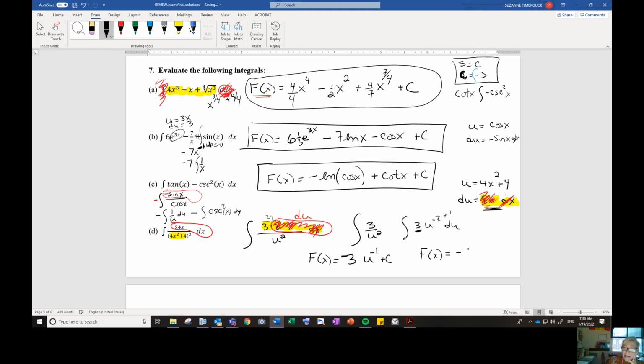So I have negative 3 u to the negative 1 plus c. Or I could write that as negative 3 over 4x squared plus 4 plus c.